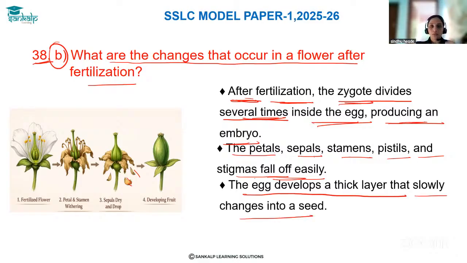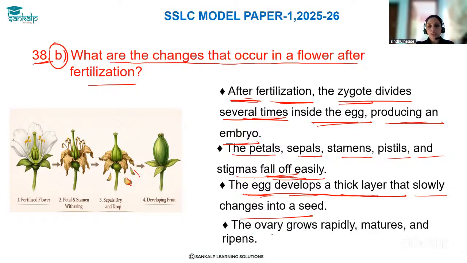So first, after fertilization, the zygote divides several times inside the egg and produces an embryo. After this, the petals, sepals and remaining parts of the flower slowly fall off.